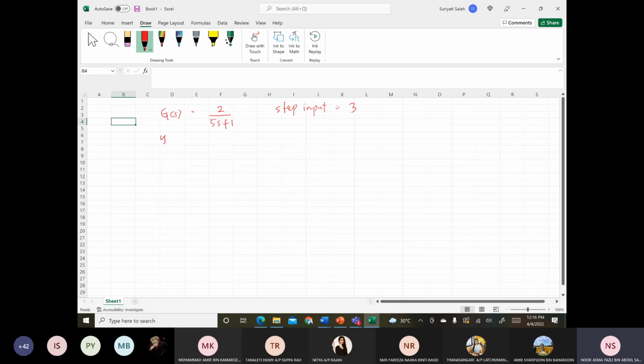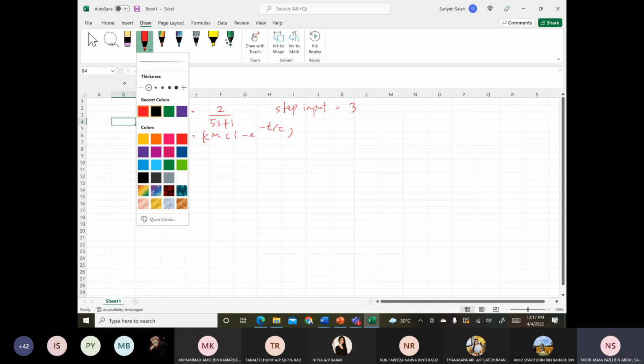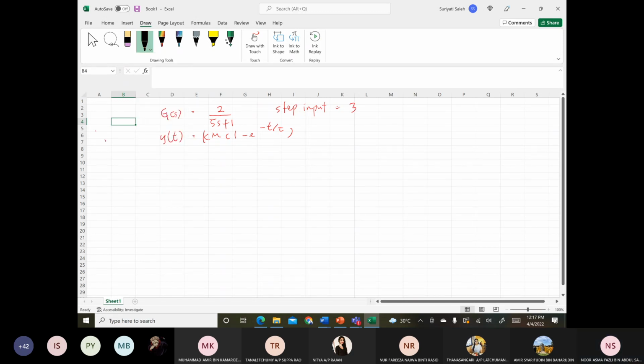Our response will be y(t) equal to KM times 1 minus exponent negative t over tau, where in this case K equal to 2, M equal to 3, and tau equal to 5.